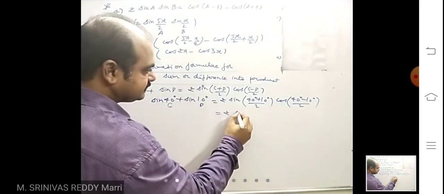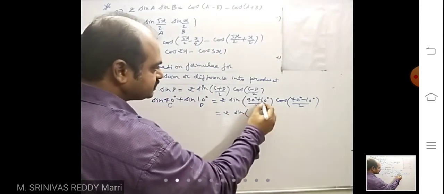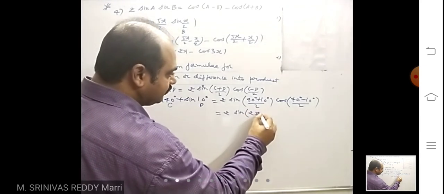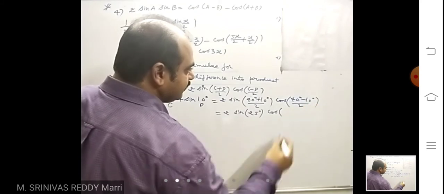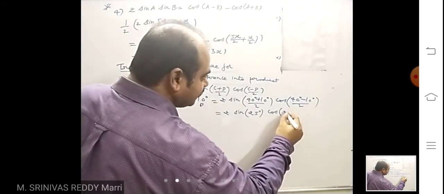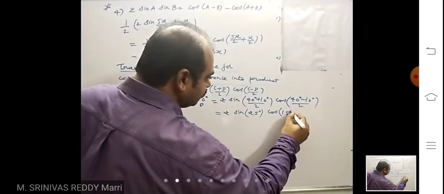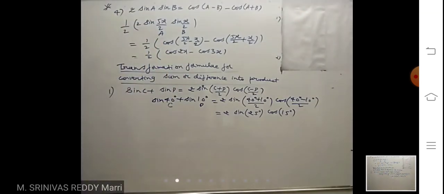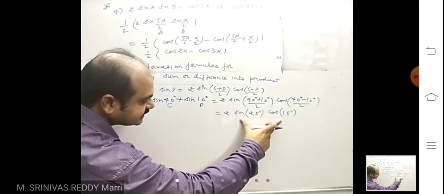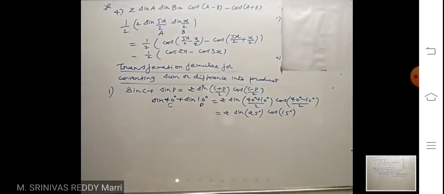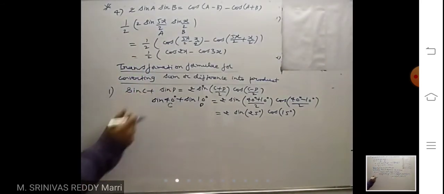That means 2 sin 50 by 2, 25 degree, cos 40 minus 10 by 2, 30 degree by 2, that means 15 degree. Now look at here. This is converted into product. Whenever sum is there, you take first angle C, second angle D.